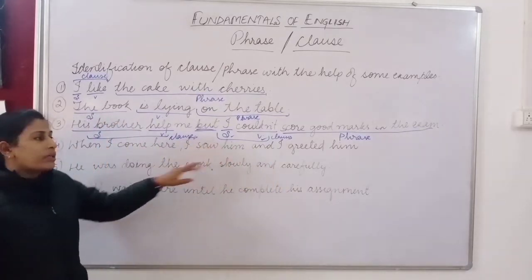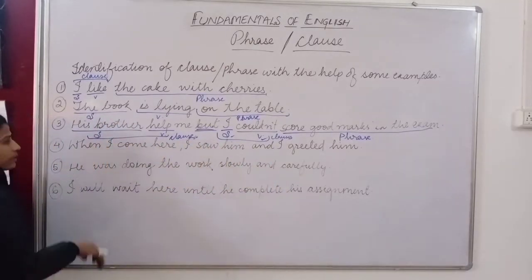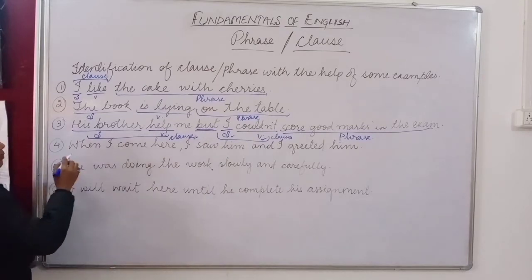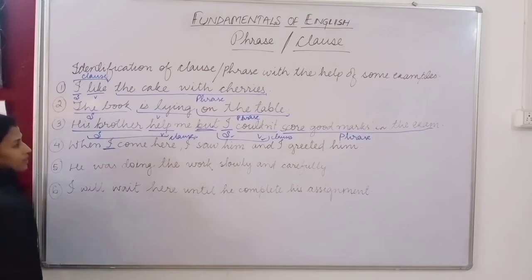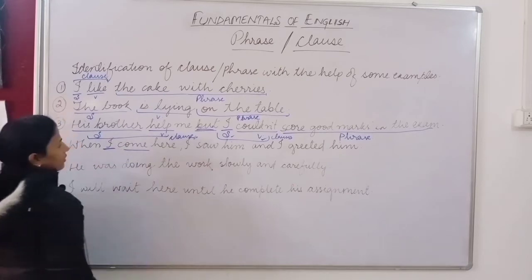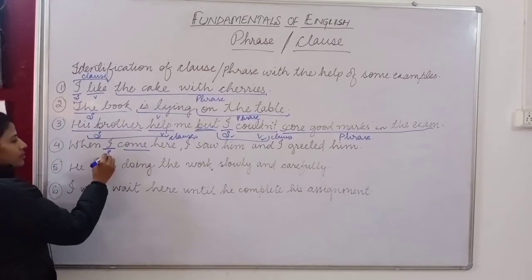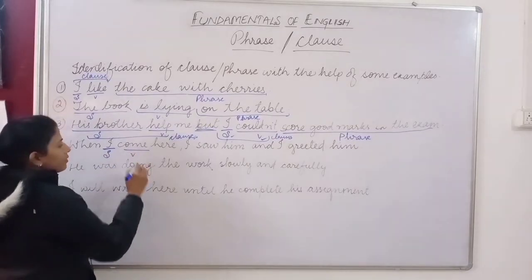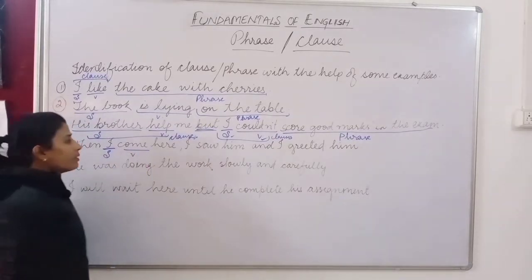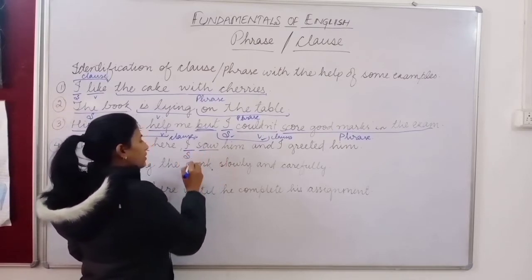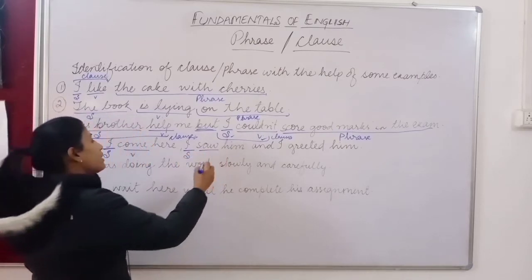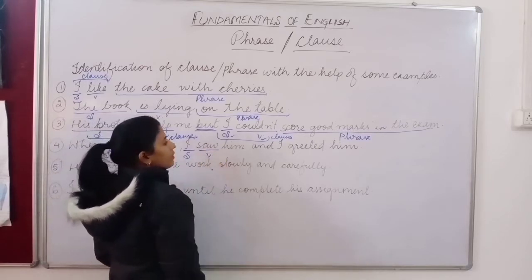Like you see in this sentence: when I came here, I saw him, and I greeted him. In "when I came here", I is your subject and came is your verb. In "I saw him", I is again your subject and saw is the verb.